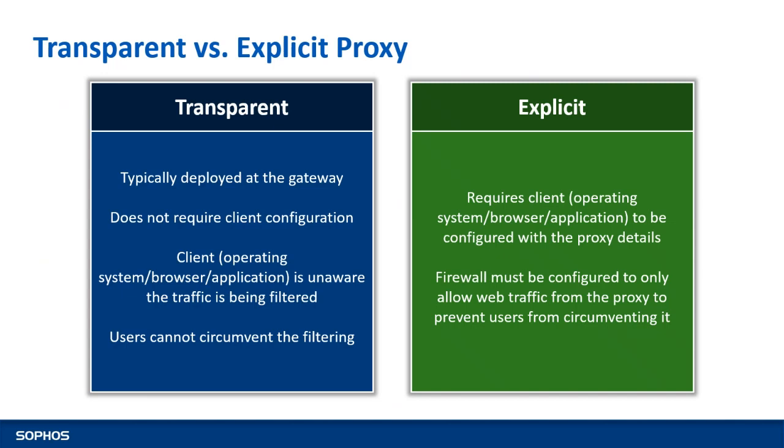The client is unaware that traffic is being processed by a proxy. For example, a transparent HTTP proxy is configured to intercept all traffic on port 80 and 443.